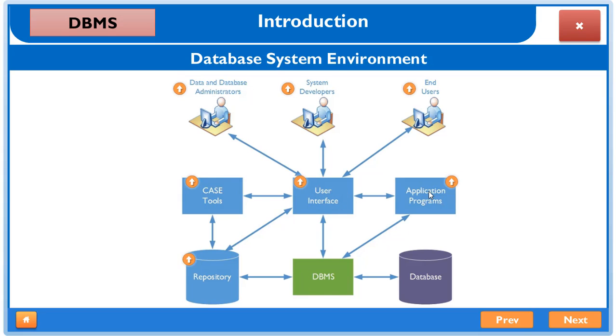There are application programs and case tools also used in DBMS, and there is also a repository which is directly used by DBMS as well as case tools. So you can see in the middle there is a user interface which helps to interact with the database. The database system environment in greater detail will be dealt in a later chapter.